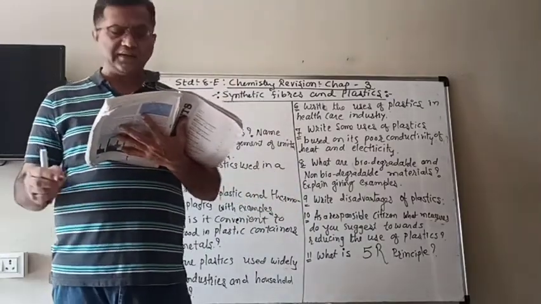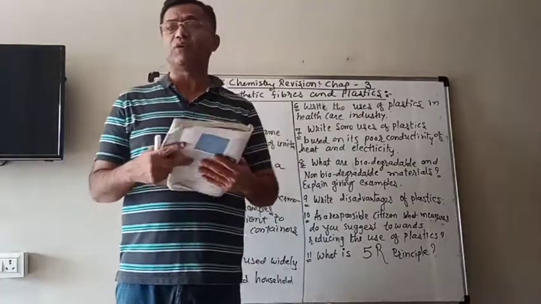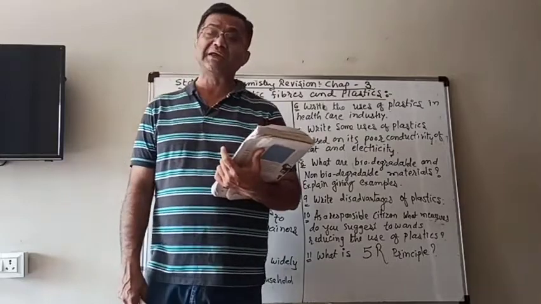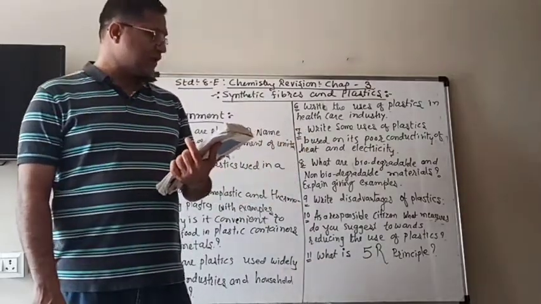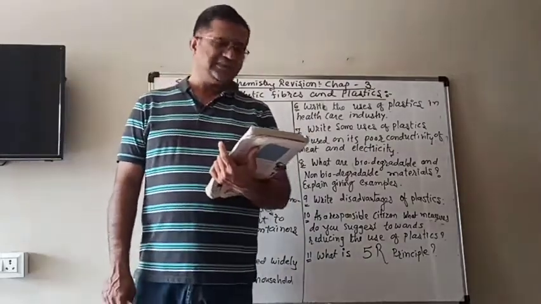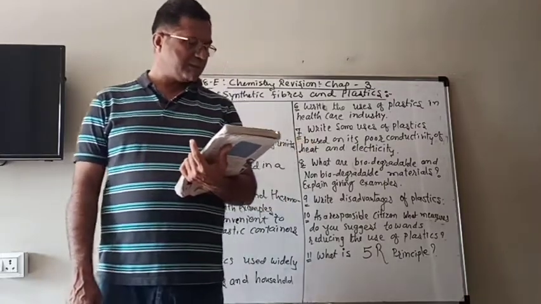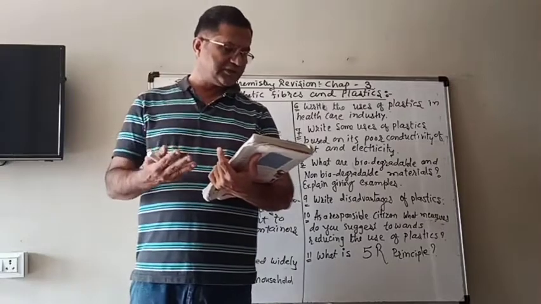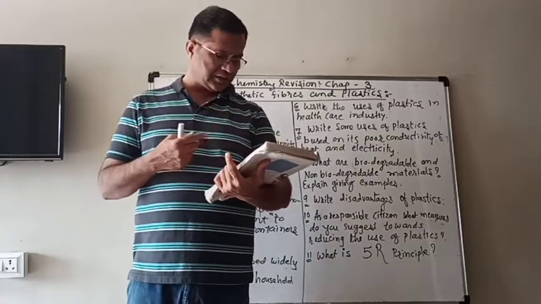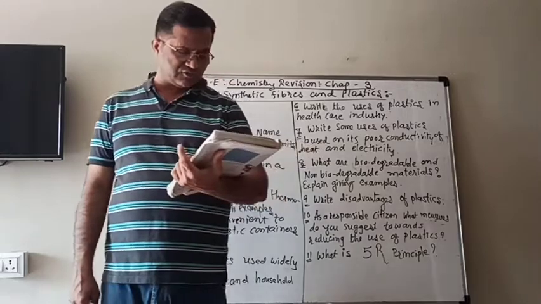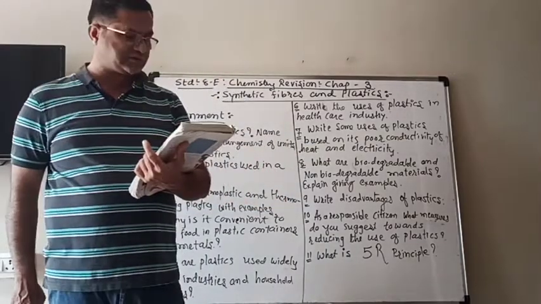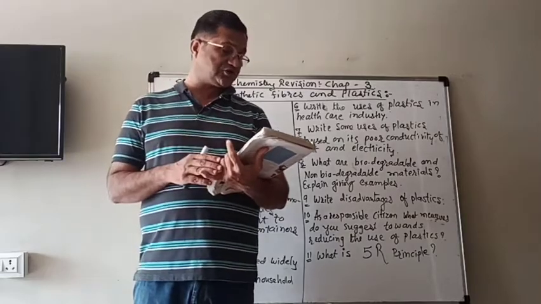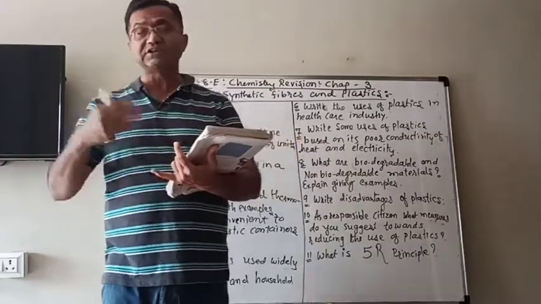Polythene and PVC, polyvinyl chloride, are the two main examples of thermoplastics, and they are used in manufacturing toys, combs, different types of containers, the wires, coating of the wires, etc. It is used in electrical switches also, but that you will see differently.